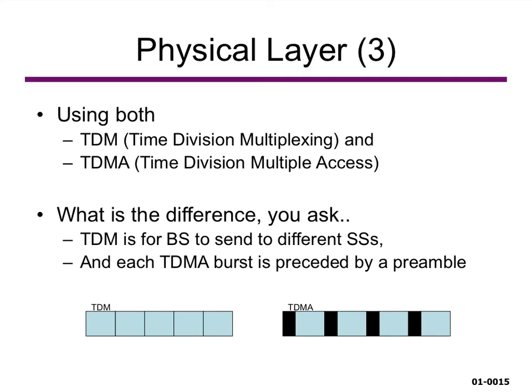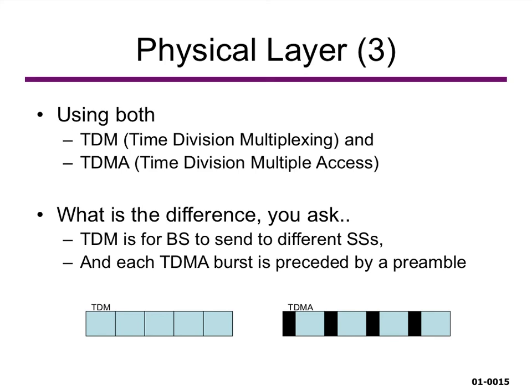Whenever you don't see the term multiple access, this means that you don't necessarily have multiple nodes trying to access the medium, which is the case for TDM. By TDM here, we refer to the transmission from the central base station to the other nodes. So time division multiplexing is one-to-many.